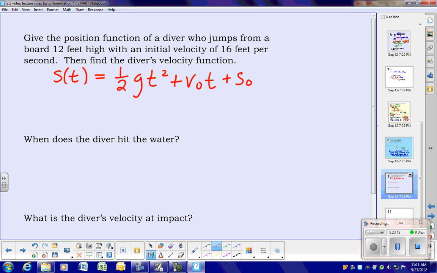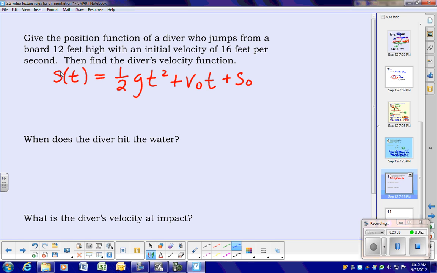It is a fact that 1/2 g, the gravitational force, times time squared, plus initial velocity, v sub 0, times time, plus s sub 0, the initial position, gives you the position of a free-falling object relative to time. So we are going to plug in the things that we know.